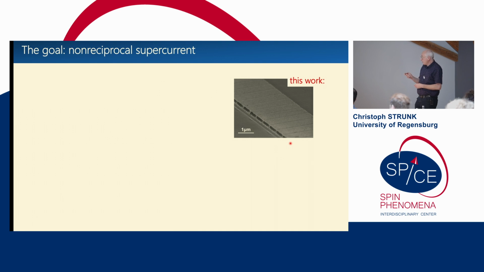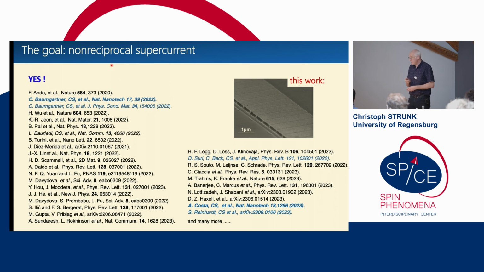Okay, so the goal to look for such non-reciprocal supercurrents, I think, has been reached, and there has been a huge wave of papers addressing the so-called supercurrent diode effect, which just means the effect that for at least a certain current, for positive bias, the device can be resistive, and for the opposite bias, it can be superconducting.